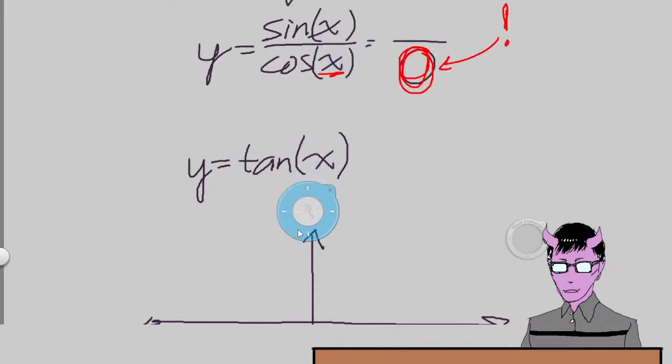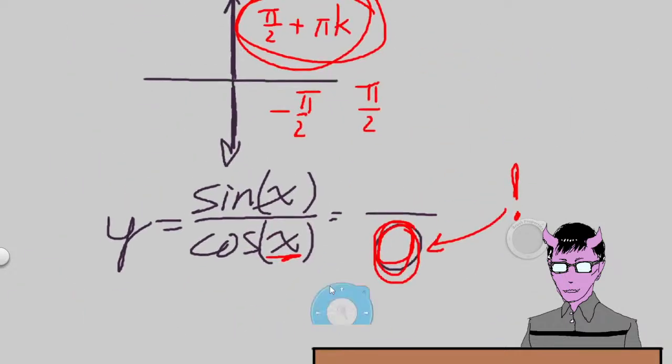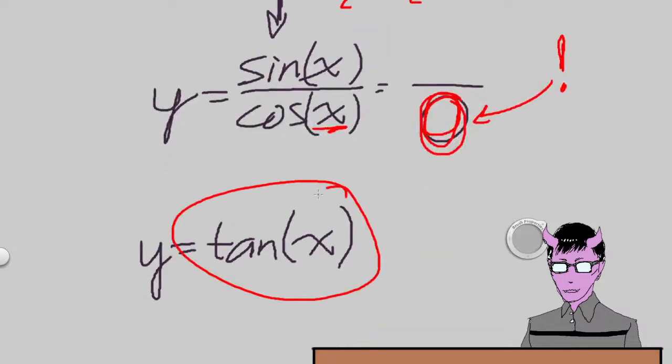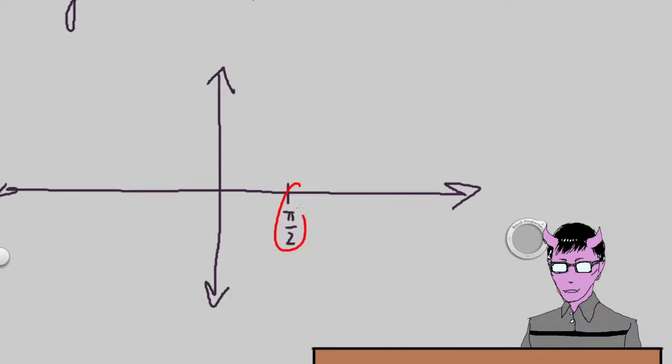So closest to this y-axis. If you move one hash mark over, that hash mark I like to label as pi over 2. Why pi over 2? Because that's the closest vertical asymptote to the right-hand side for our tangent function, because cosine results in 0 if you input pi over 2.